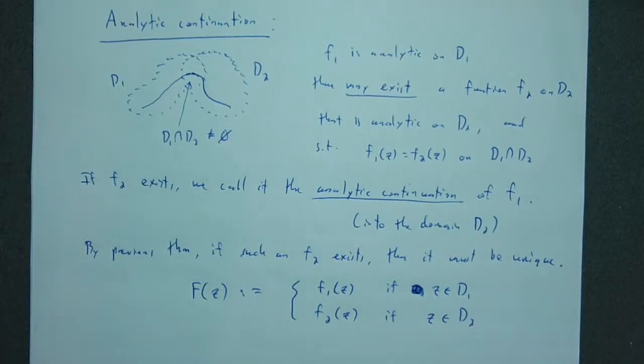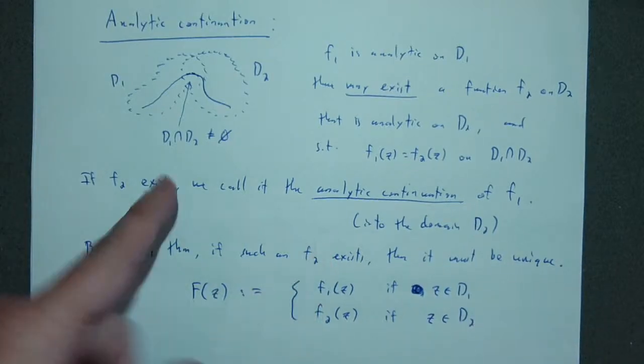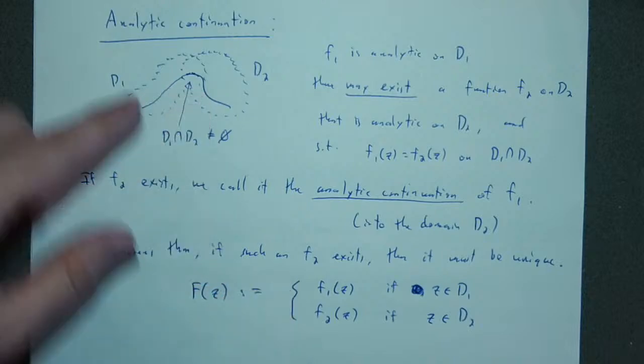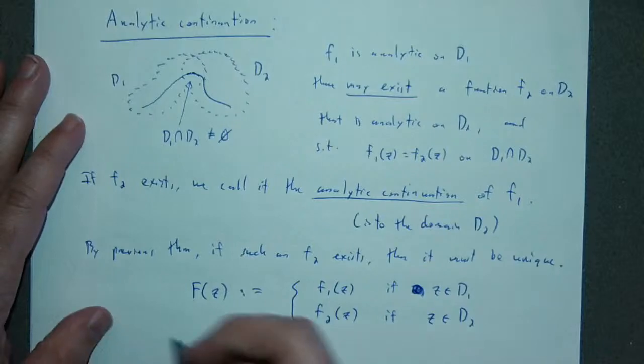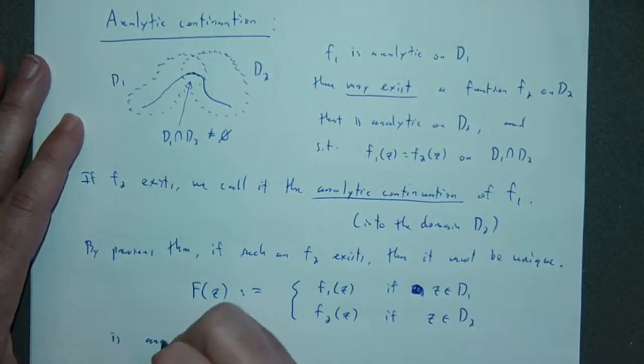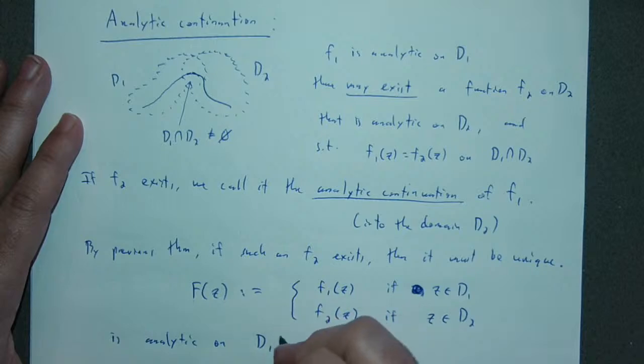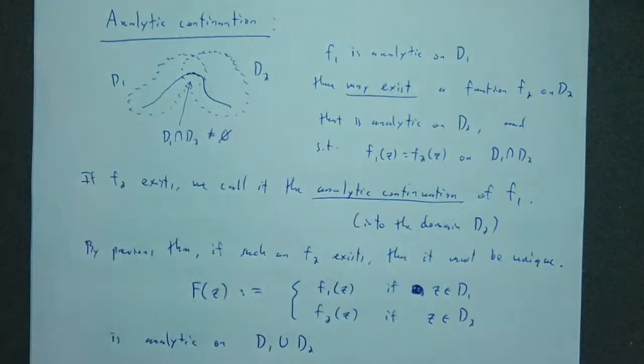And this analytic continuation, of course, works in such a way that they agree on this overlap. Because of this, this function big F is actually analytic on the union d sub 1 union d sub 2. So these two sets taken together.